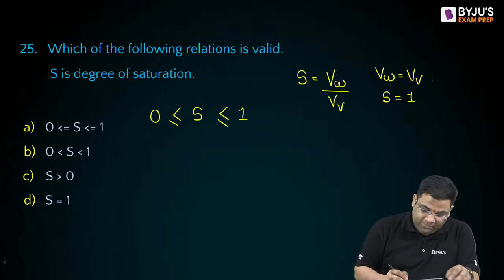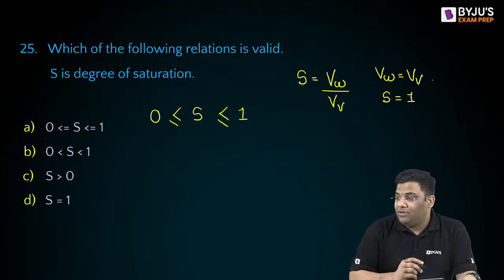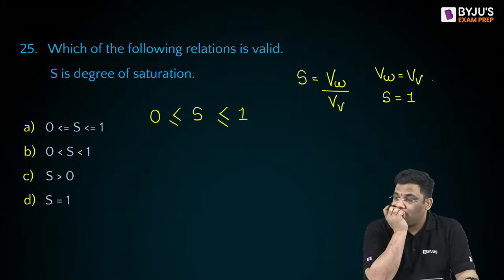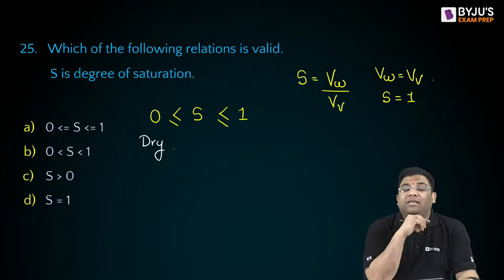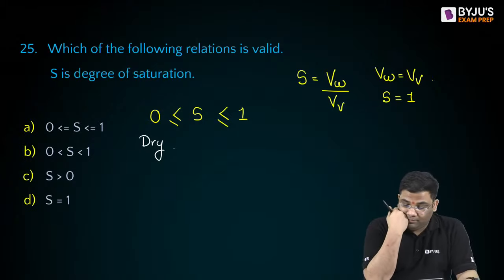When will it be 0? Tell me. When the degree of saturation is 0? Dry soil, very good. And when the degree of saturation is 1?